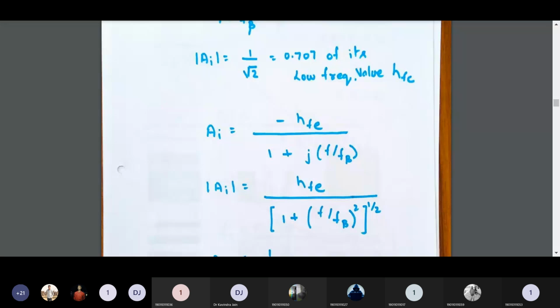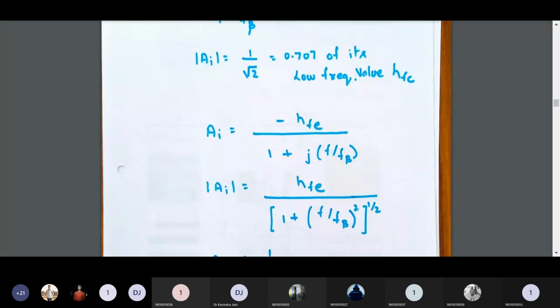That is, at lower frequency the denominator is less than 1, and AI would be approximately equal to hfe. I repeat, at lower frequencies, the denominator would be less than 1, and AI would be approximately equal to hfe. So as the frequency increases, the current gain decreases.